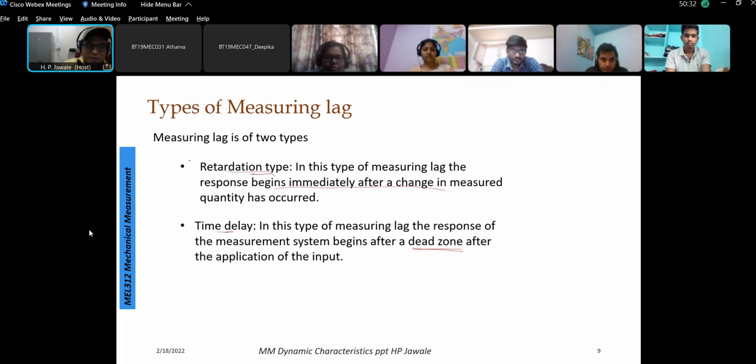I think this will come up at some other place again. We'll discuss this when we go to the characteristic measurement. But at this point, keep in mind that the measurement lag is broadly classified into retardation type and time delay.